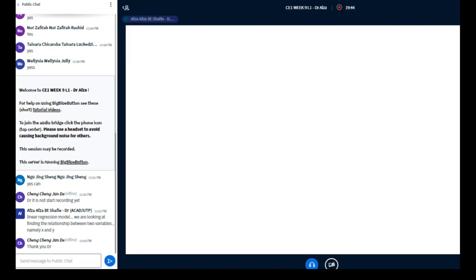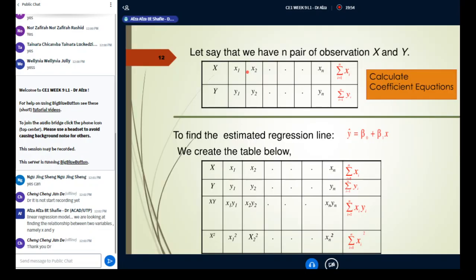So what do we do? We have all these observations, X1, X2, right up to Xn. To calculate the coefficients, that means beta naught hat and beta 1 hat, we need to create a table, because we are going to use the formula. So we have X, summation of X, Y, summation of Y, summation of XY, and summation of X squared. Why do we do this?